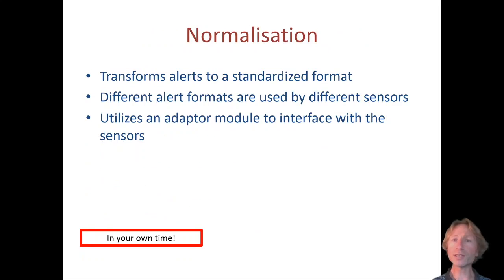So normalization is a simple step where we try to transform all of the alerts from the different sensors into some standardized format so that they all are called scanning or port scan or whatever it is. You don't have all these different formats of the different sensors.